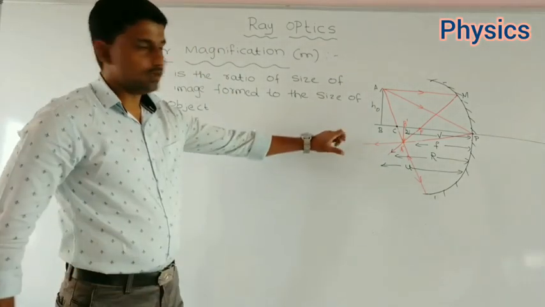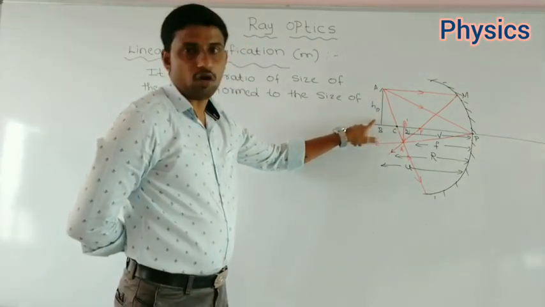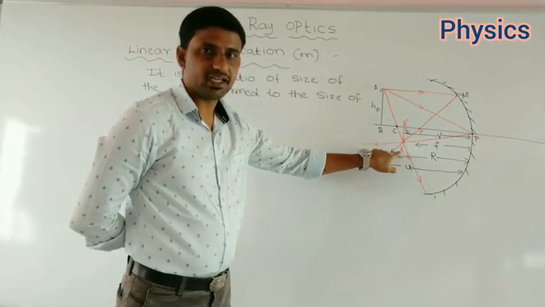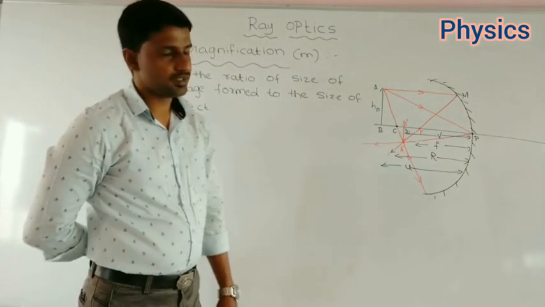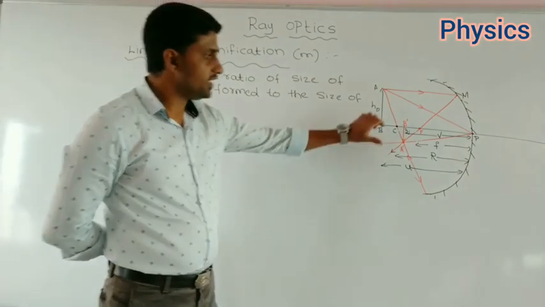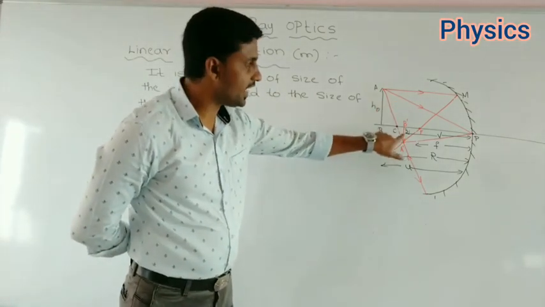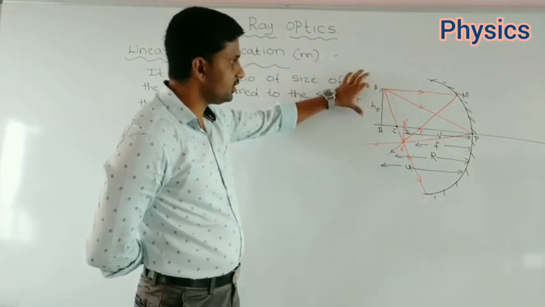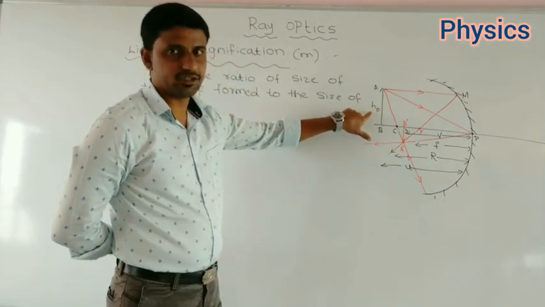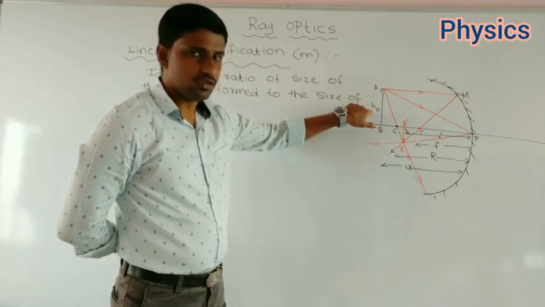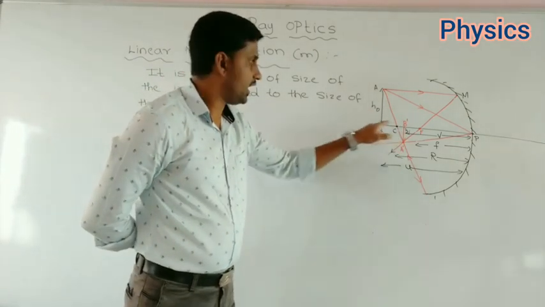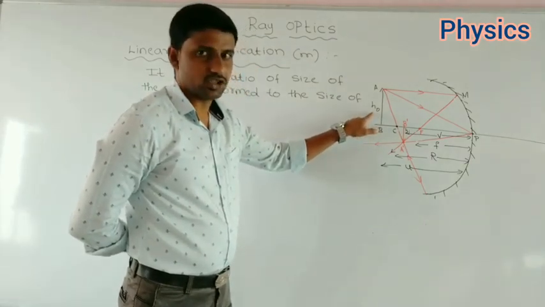See in this diagram, here AB is the object. After reflection, we are getting the image here. That image is A dash B dash. Here the size of the image is A dash B dash, and that size I am taking as hi. Similarly, the size of the object is h0.